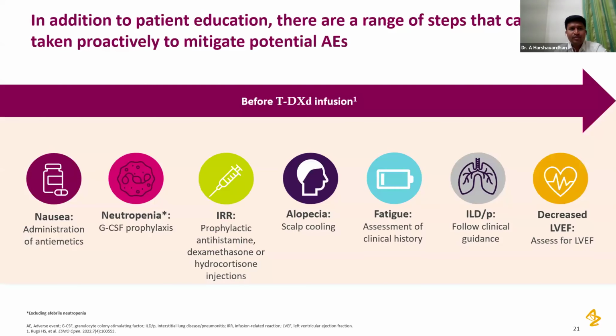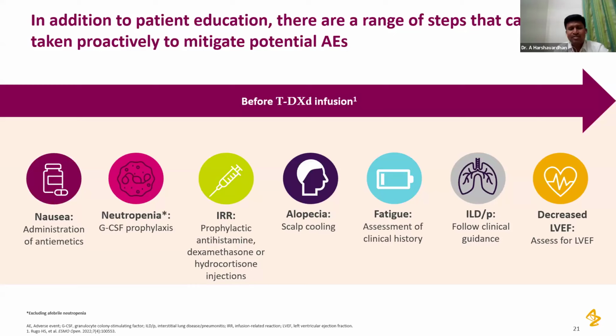In addition to patient education, there are a range of steps that can be taken proactively to mitigate the potential adverse events, which we most commonly use with any chemotherapy related side effects. Like for nausea, administration of antiemetics; G-CSF prophylaxis for neutropenia; prophylactic antihistamine, dexamethasone, or hydrocortisone injection for infusion-related reactions; or scalp cooling for alopecia.